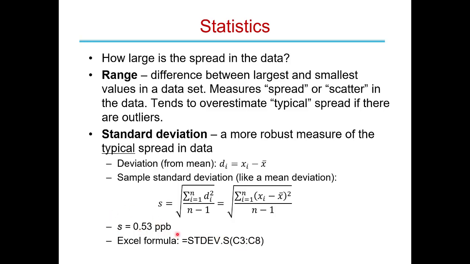For us, the standard deviation, the typical spread in our measured values for the lead concentration, was 0.53 parts per billion. So that's a typical spread. They differ from each other by typically plus or minus 0.53, and so that might be our estimate of the uncertainty in our lead measurement.